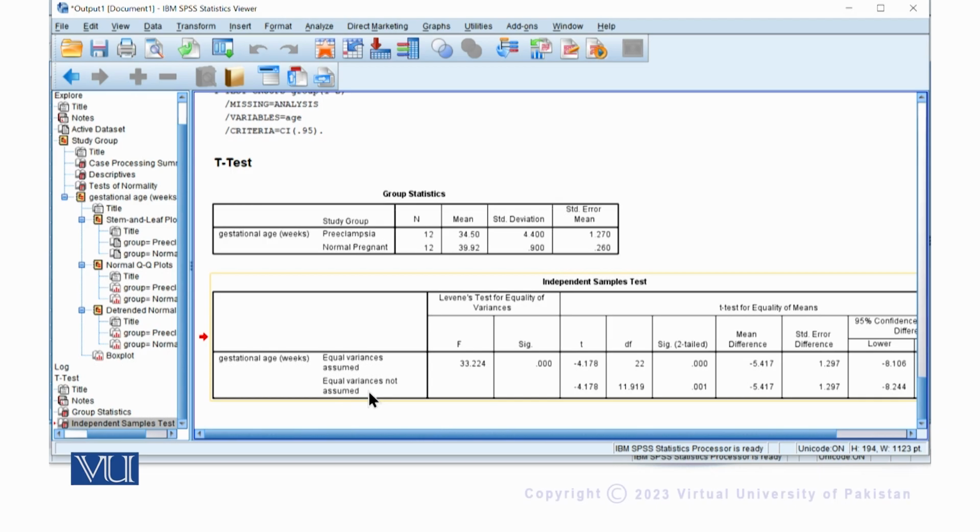If equal variances are not assumed, like in the case we just performed, we will use the second line. But if our null hypothesis for the equality of variances is not rejected, then we will be assuming that the variances are equal. And for equal variances assumed, we will use the t-test for equality of means, the first row in this table.